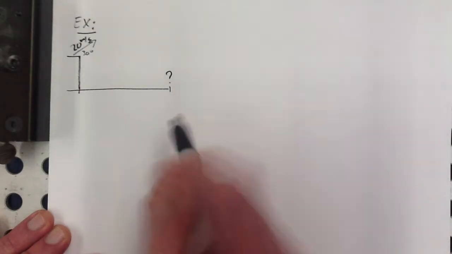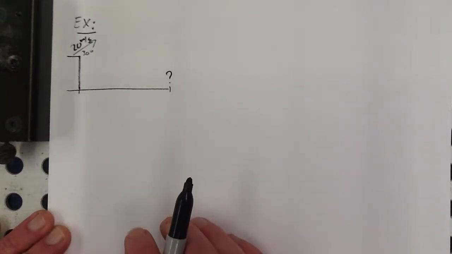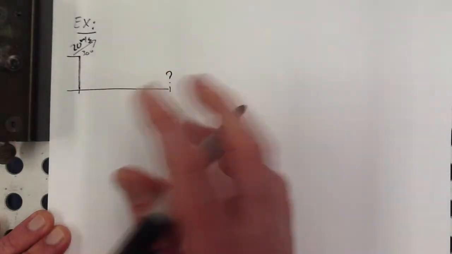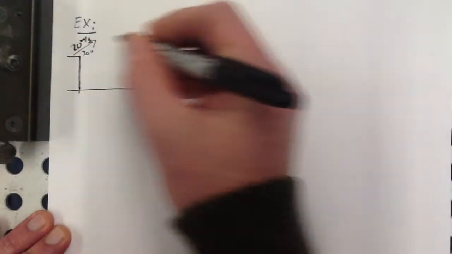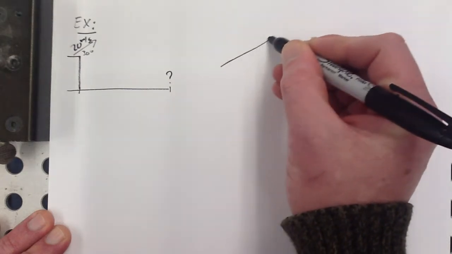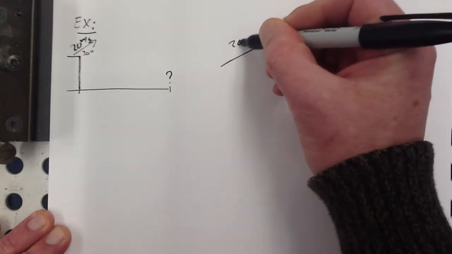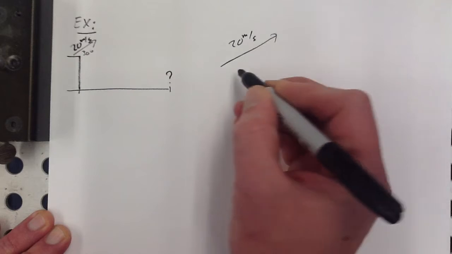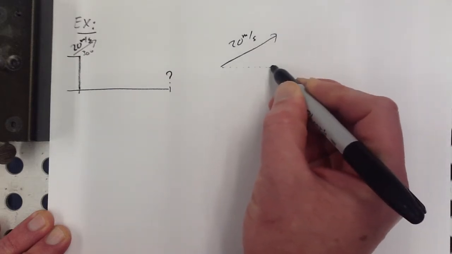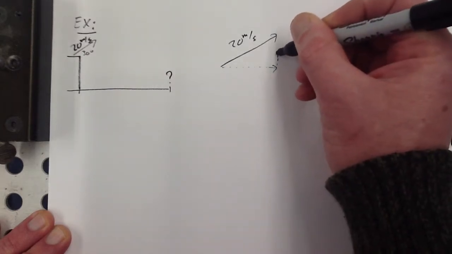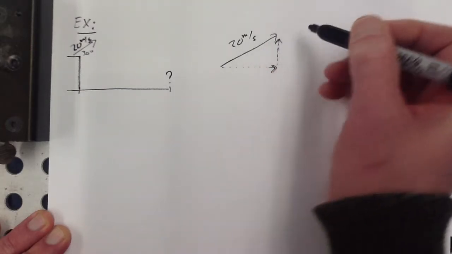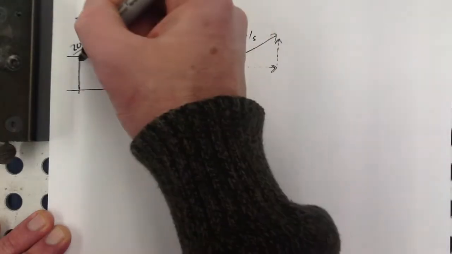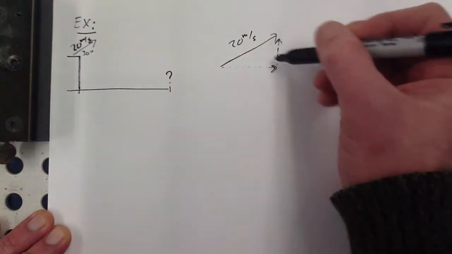Well, let's see where it's going to land. So that's trying to find the delta x. The very first thing before I do anything else is make a nice big picture here. There's my 20 meters per second. I need to break that into the horizontal and vertical parts. The arrowheads are important here because it's possible that you could have something launched downward at an angle, and that's going to make this negative.